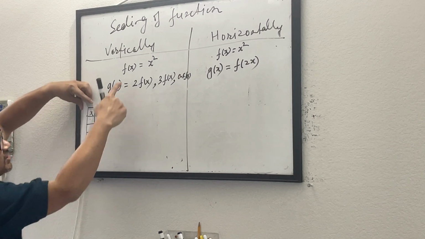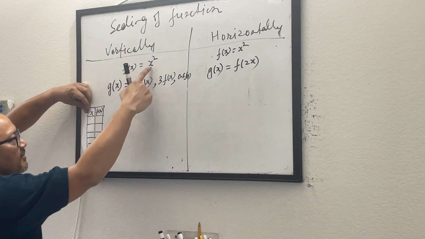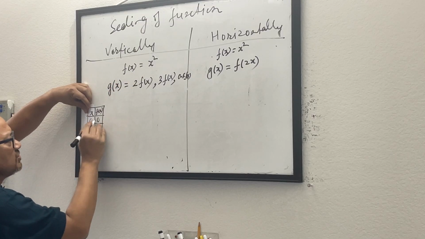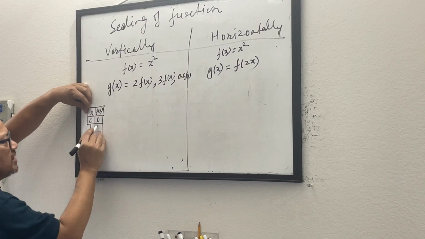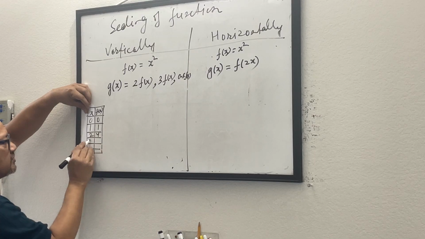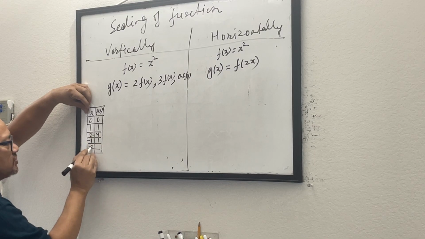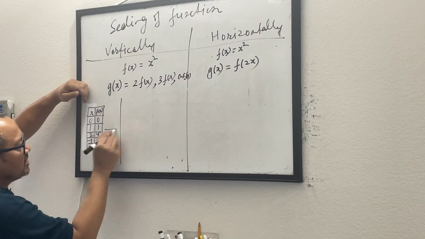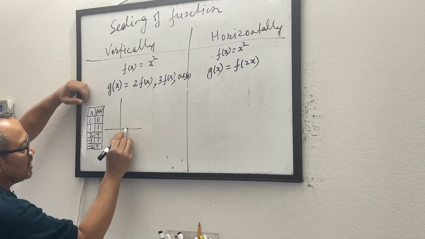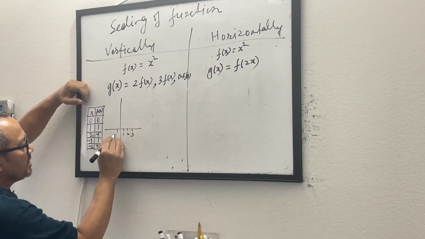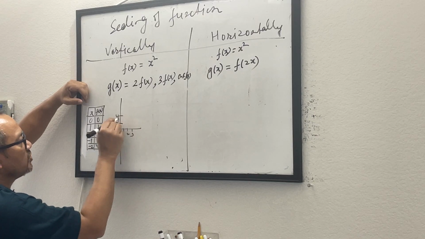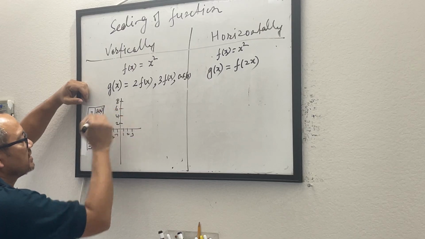When my x value is 0, f(x) is 0 squared. When x is 1, it is 1; 2 gives 4; minus 1 gives 1; minus 2 gives 4. So when I look at this coordinate plane, I will mark 1, 2, 3, minus 1, minus 2, minus 3, and on the other axis 2, 4, 6, 8.